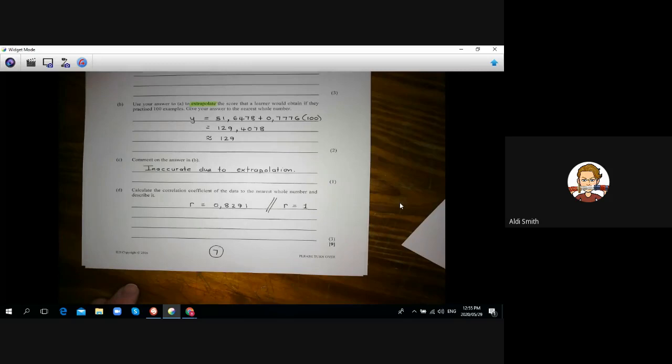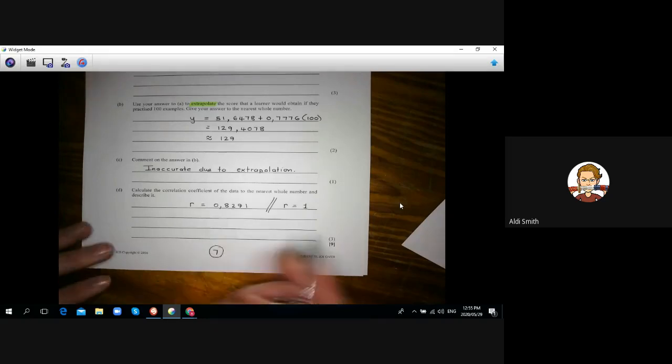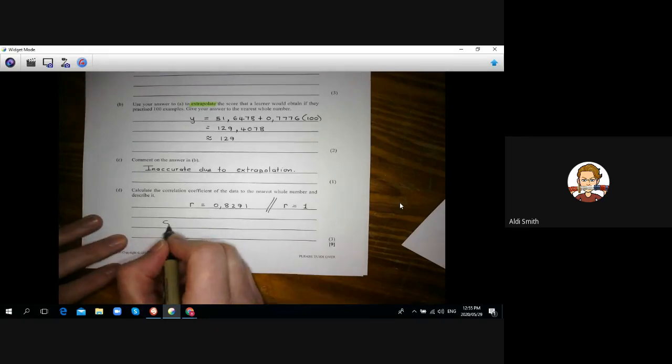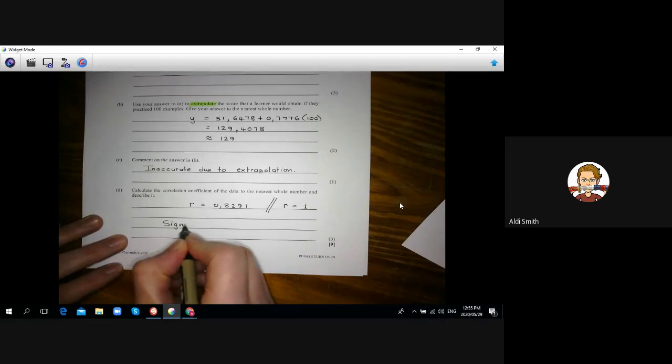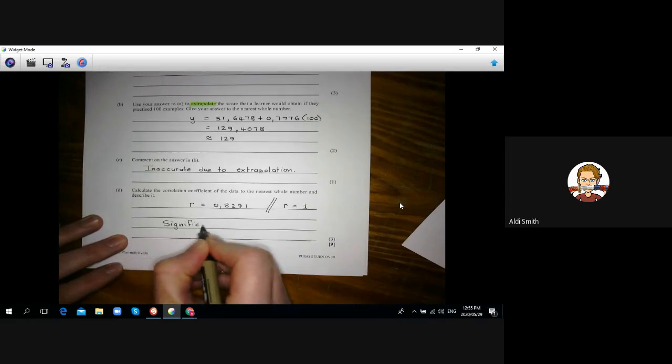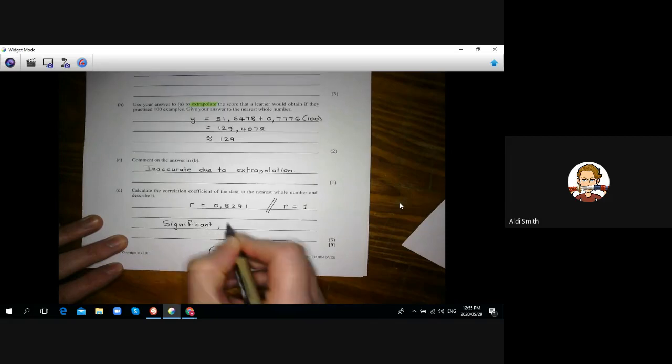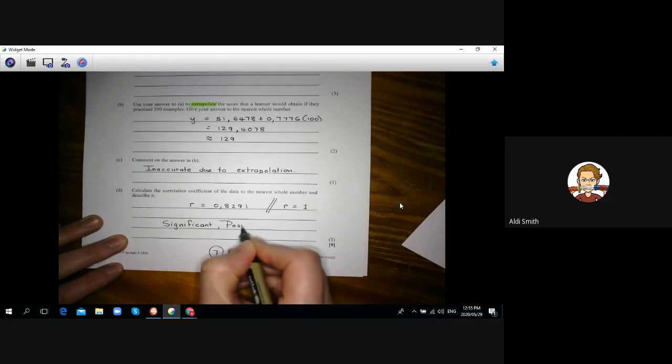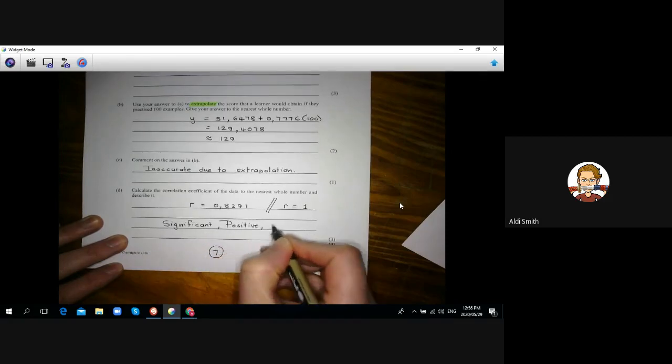Back then, they weren't very good at the stats. They've really cleaned up the stats quite nicely, so they don't do stuff like this anymore. So I will just refer to this and say it's a significant positive linear correlation.